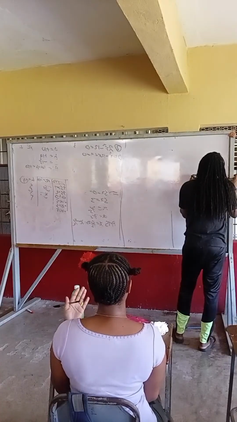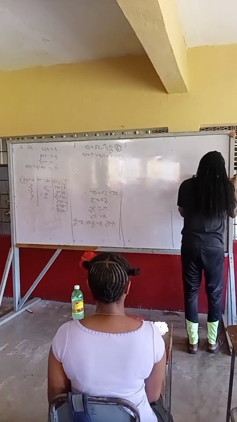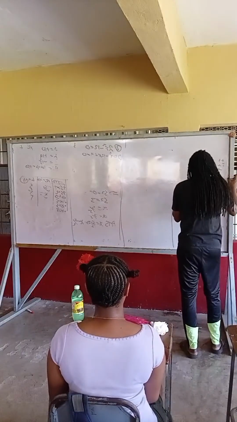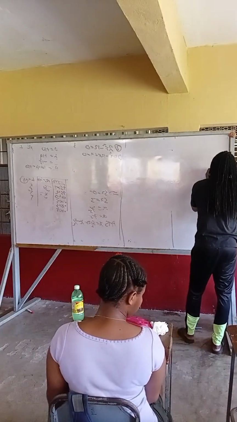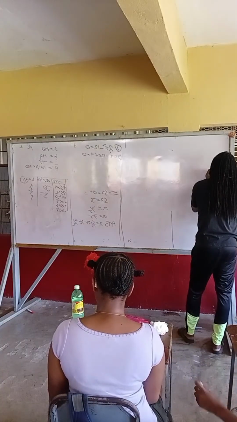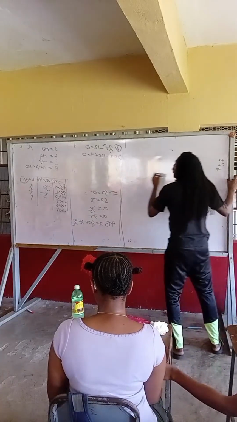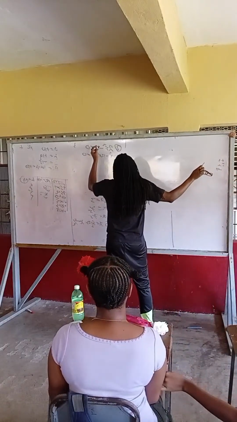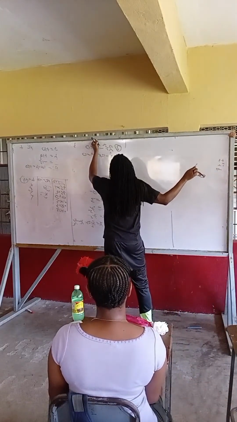It needs a C, because they only have A and B. Do a B. 13.